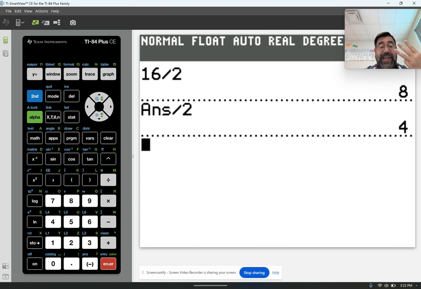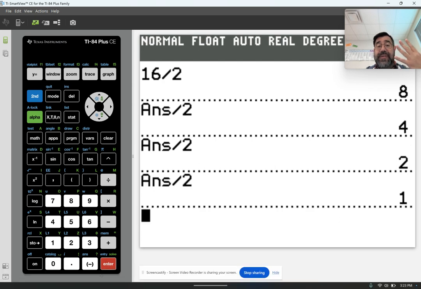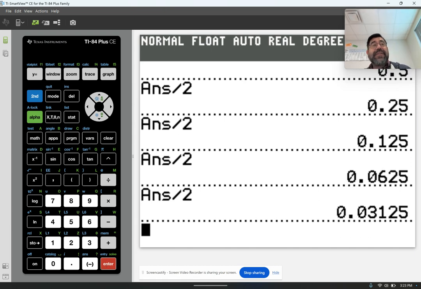Now I could just press enter, fourth term of the sequence, enter the fifth term of the sequence. That's the one we found, right? Sixth term, seventh term, eighth term, ninth term, 10th term. There's the 10th term of the sequence, 0.03125.